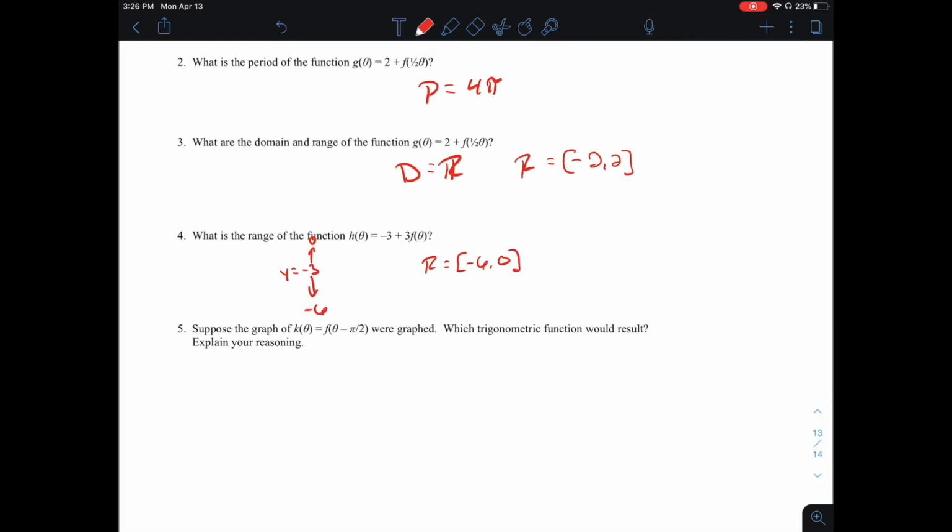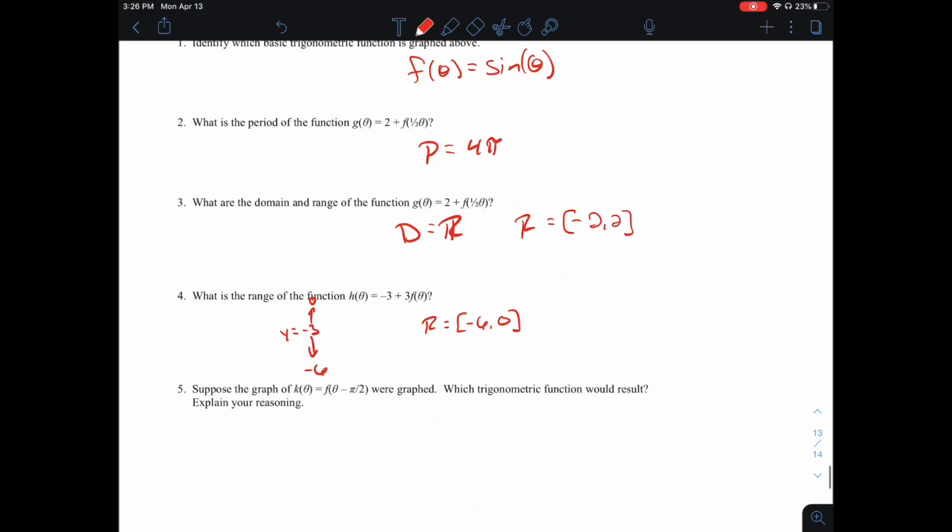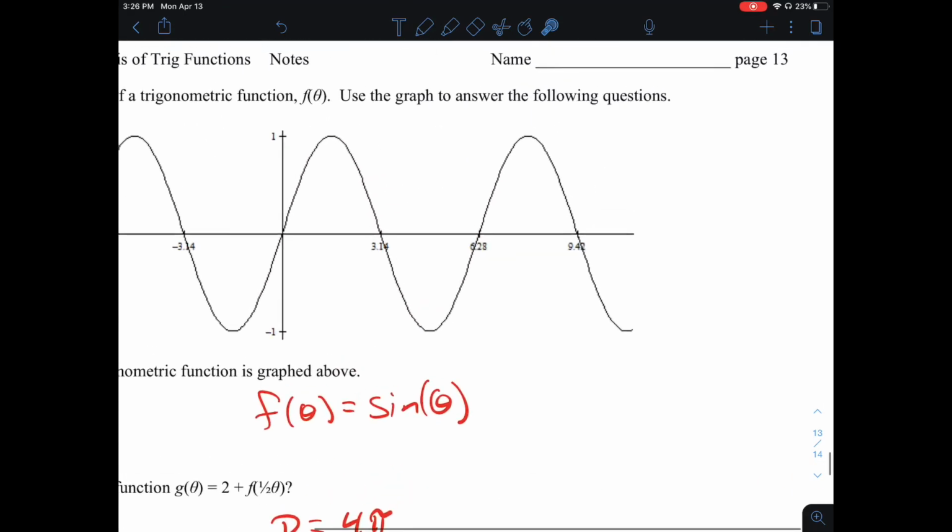Suppose the graph of k of theta equals f of theta minus pi over 2 were graphed. Which trig function would result? Well, if we move this to the right pi over 2, let's just do that real quick.